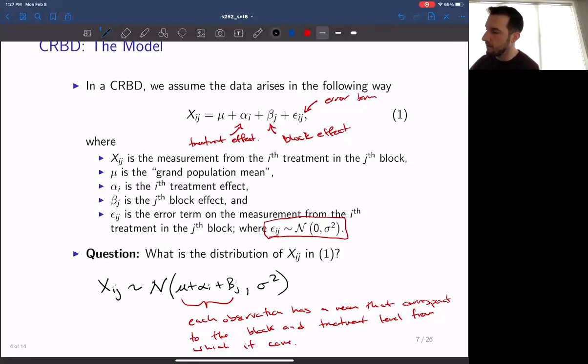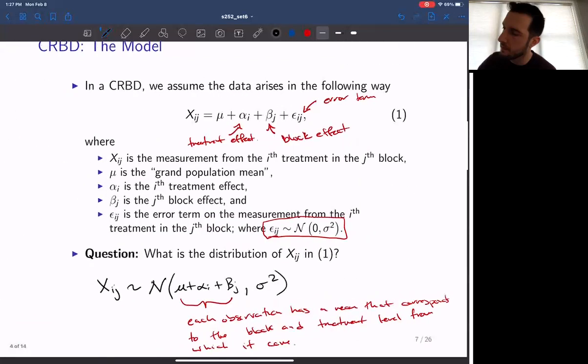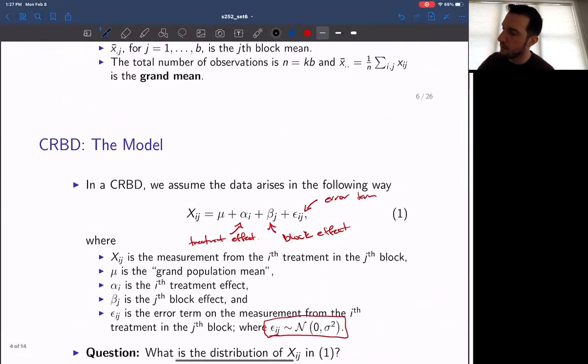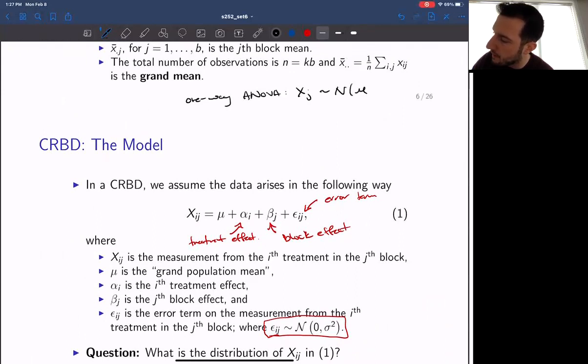I have some room up here. Okay, so with one-way ANOVA, we had x_j distributed normal with mean mu_j and variance sigma squared.